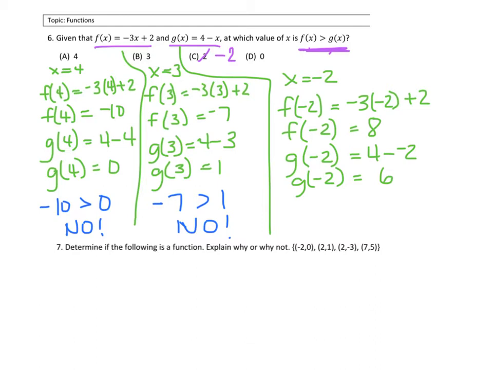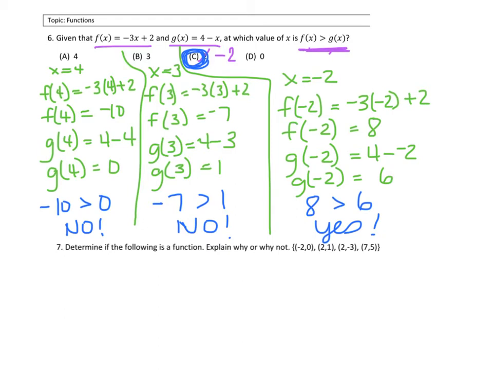Of course, I'm using my calculator to do these calculations so that I'm sure I'm getting them right. Now I'm comparing my f output. Is it bigger than my g output? And this time I would say yes. So in fact, C is the right answer. x is equal to negative 2.